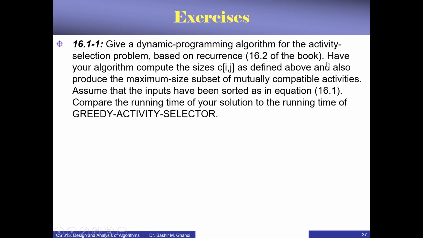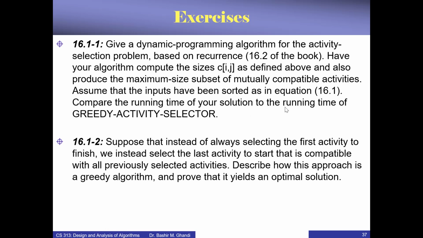Have your algorithm compute the sizes Cij as defined in that equation, and also produce the maximum size subset of mutually compatible activities. Assume that the inputs have been sorted as in equation 16.1. Having solved it with dynamic programming, now compare the running time of your solution to the running time of the greedy activity selector.